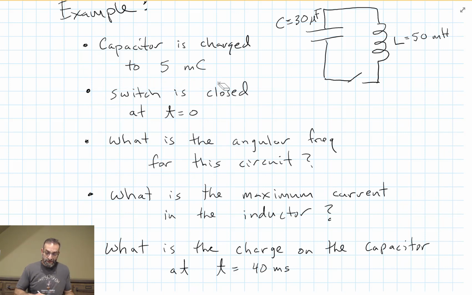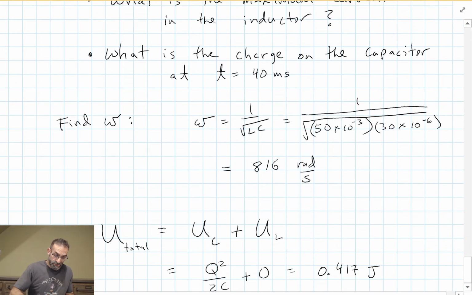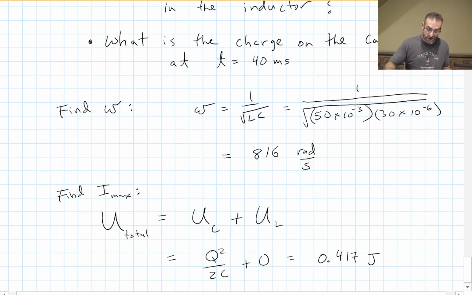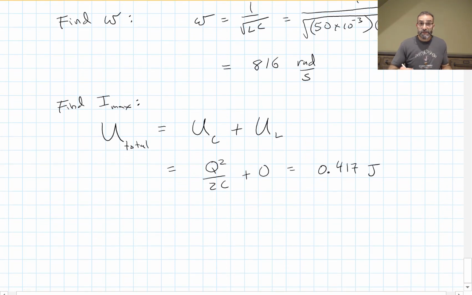So we found the angular frequency, and now we're working on finding the maximum current. And we're using energy to do that. So now we know the total energy in the system, 0.417 joules. And at some point, all the energy is going to be in the inductor.